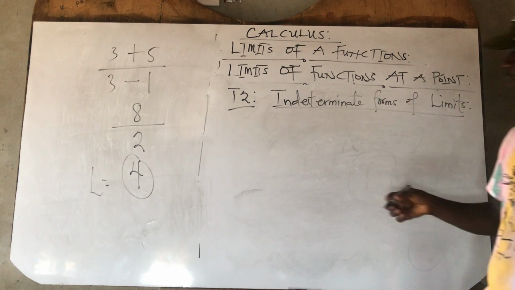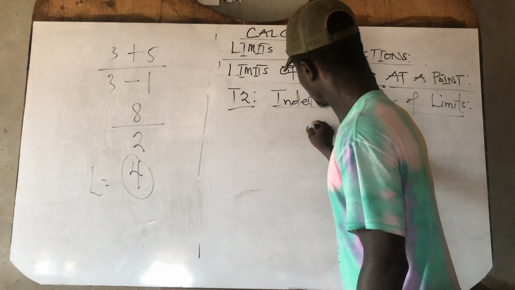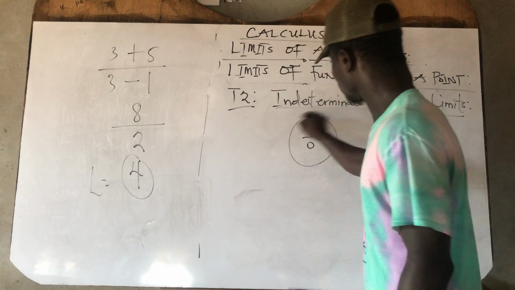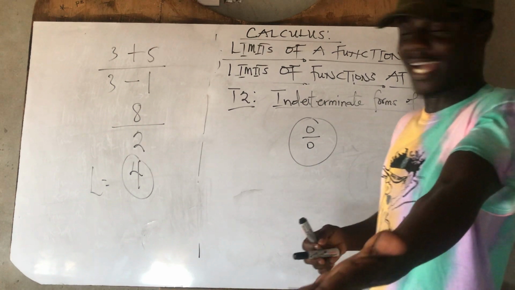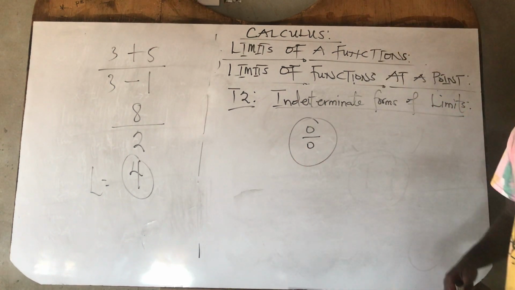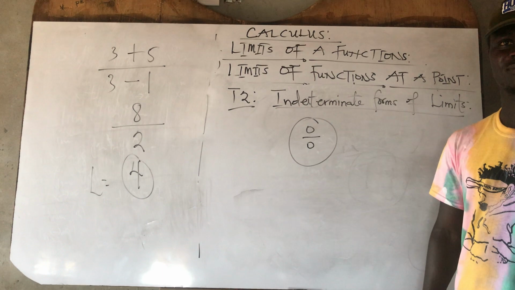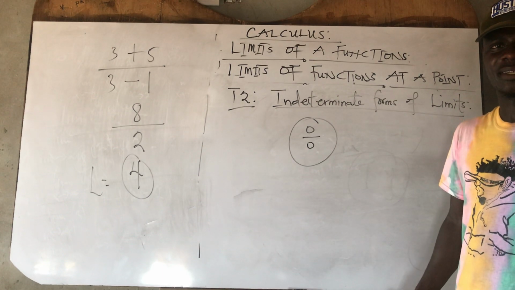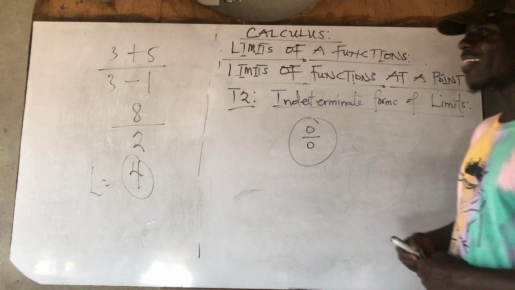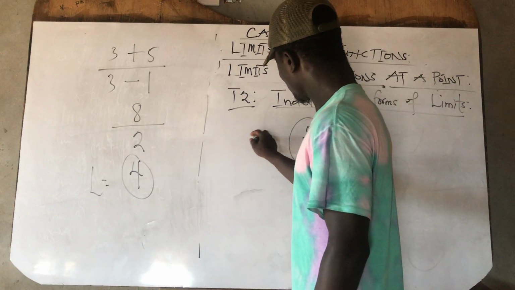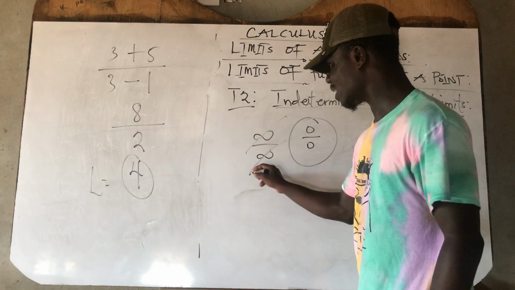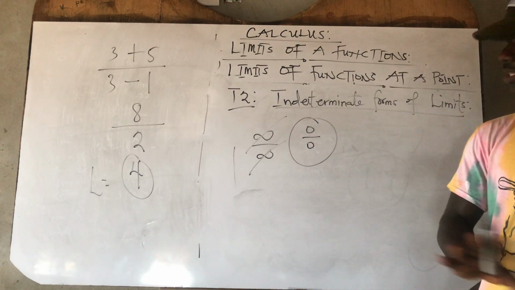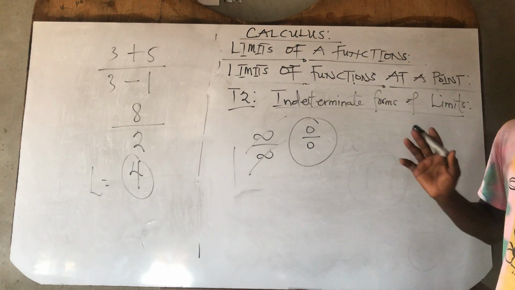When you talk of indeterminate, we have 0 on 0. This one is indeterminate, meaning you cannot determine the answer for this. 0 divided by 0. What's that? Indeterminate. We have infinity divided by infinity. What's the answer? Do not say you cancel this, then you get 1. I beg you. Infinity divided by infinity.